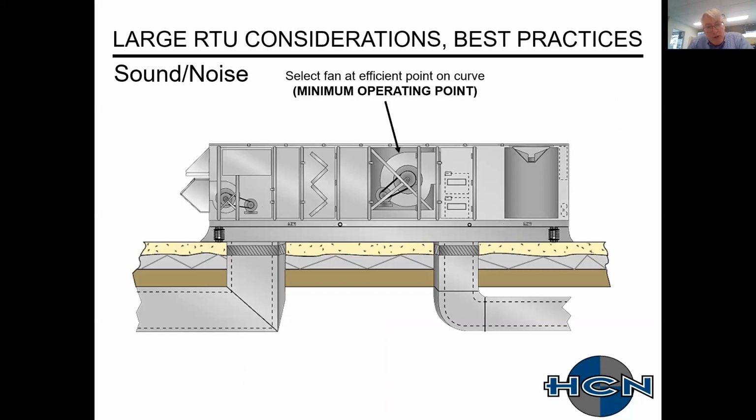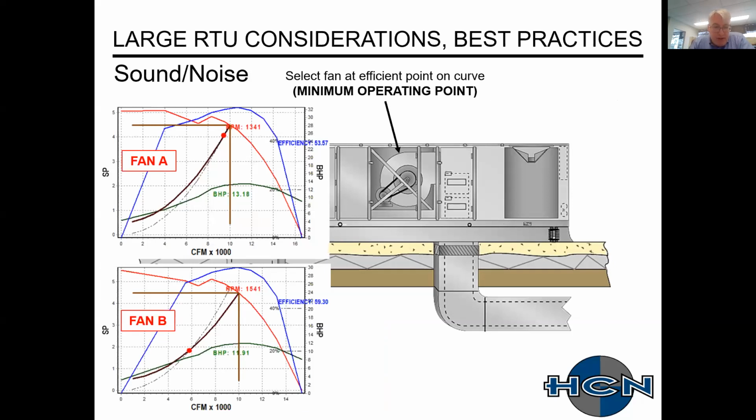Other thing that's critical, or you have to be considerate about, is your fan selection. You have to be worried or just concerned about your minimum operating point. Here's an example of two fans that were available, about 10,000 CFM, 4.5 inches of static. Fan number A, if you selected this unit and you plugged in your VAV operation, you're only allowed about 5% turn down before you went into your surge area on your fan curve.